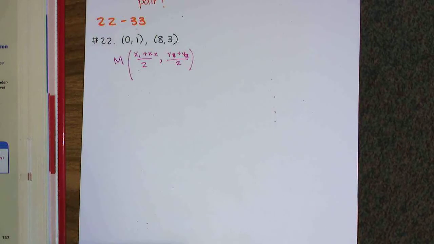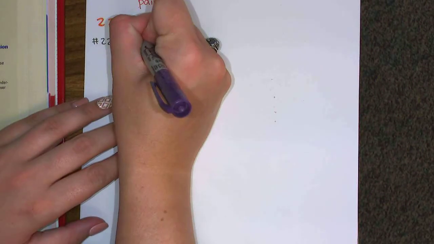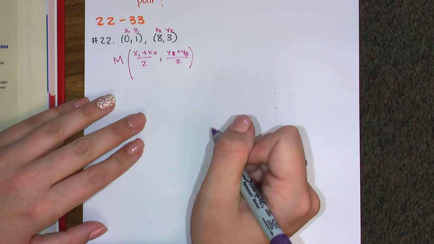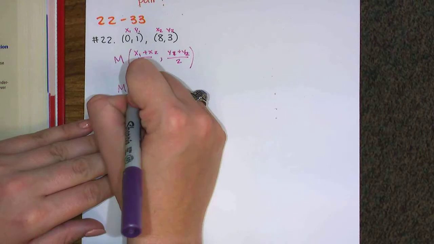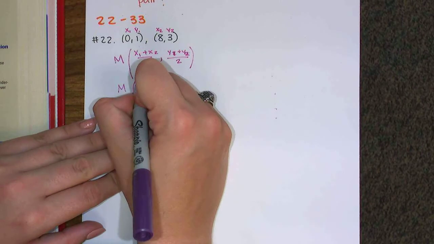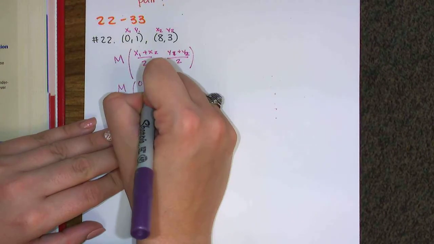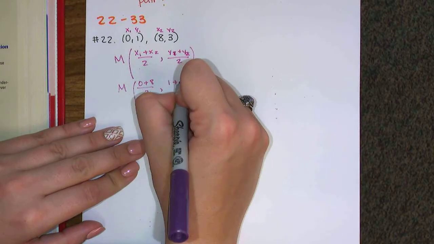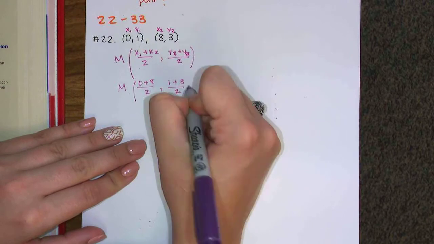Alright, so again we have x1, y1, x2, y2. So now I can just go through and plug stuff in. x1 is 0 plus x2 is 8 over 2. And y1 is 1 plus y2 is 3 all over 2.